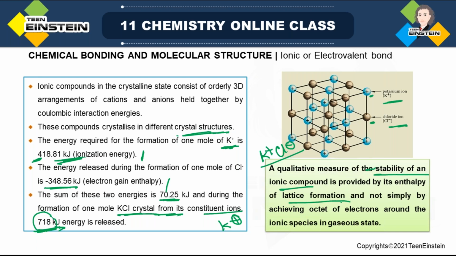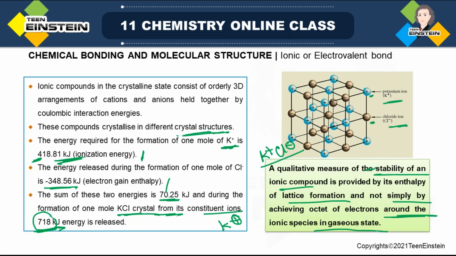That means when you are forming this lattice, starting from 1 mole K plus and 1 mole Cl minus, and you are making 1 mole of potassium chloride ionic compound, whether it will be stable or not, you will be able to know from its enthalpy of lattice formation value. So in this case, it is 718 kilojoule energy. And not simply by achieving an octet of electrons around the ionic species in the gaseous state.